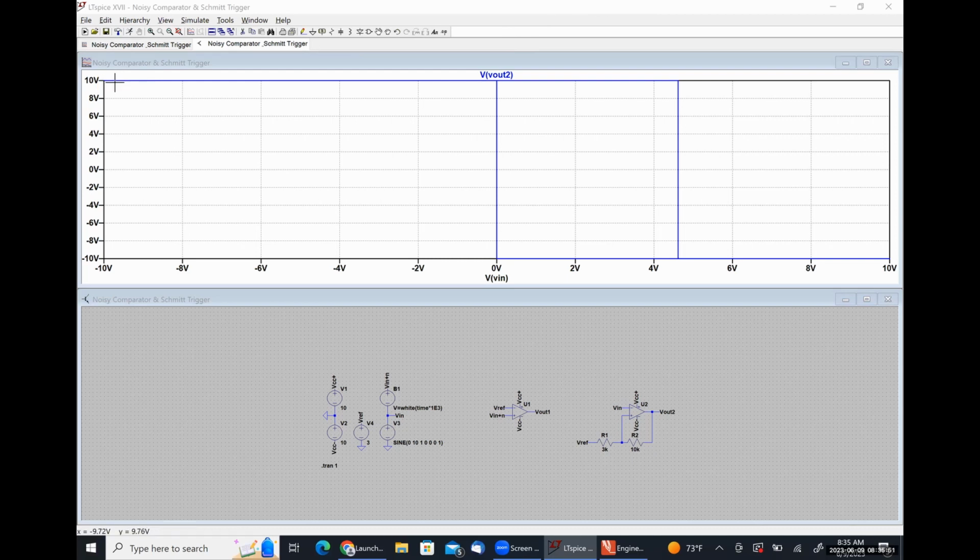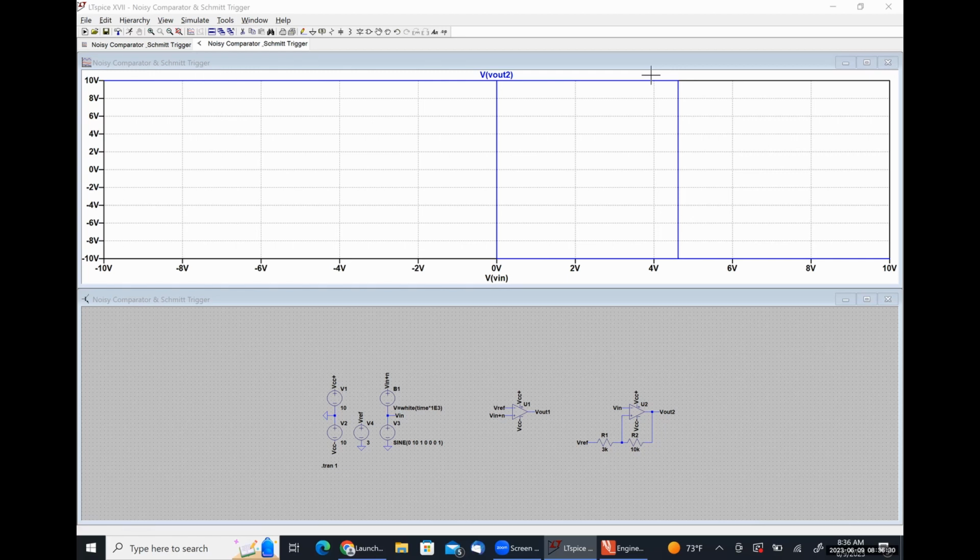So now we are going to be high until we hit our upper trigger limit, at which point we swing low, and then we stay low until we hit our lower trigger limit, at which point, actually, hold on, sorry. We're going to stay high until we hit our lower trigger limit, at which point we go low. We're going to stay low and come back around, and we're going to switch to high when we hit our upper trigger limit, like so.